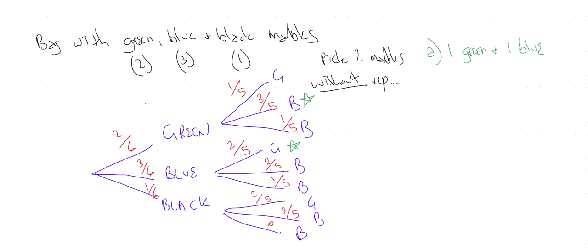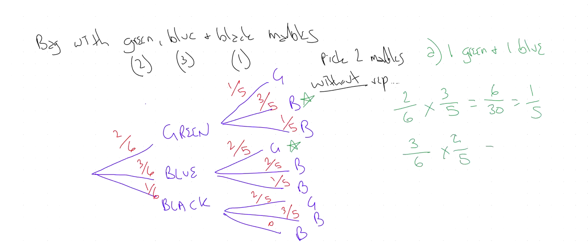So what do I do with these 2 probabilities? Multiply them, right? 2/6 is getting a green and 3/5 is getting a blue, which gives me 6/30, which is 1/5. The other one I'm allowed to do is 3 out of 6 and then 2 out of 5.